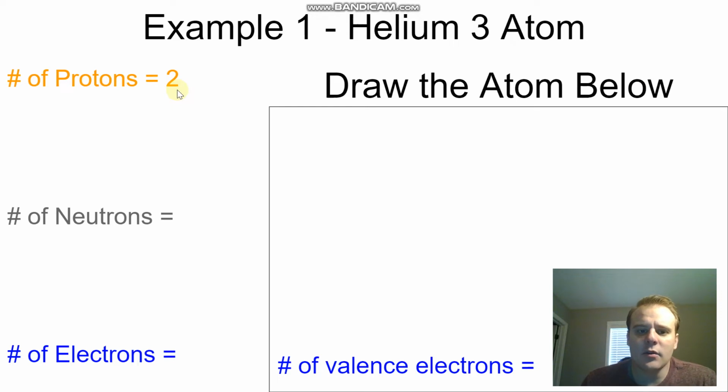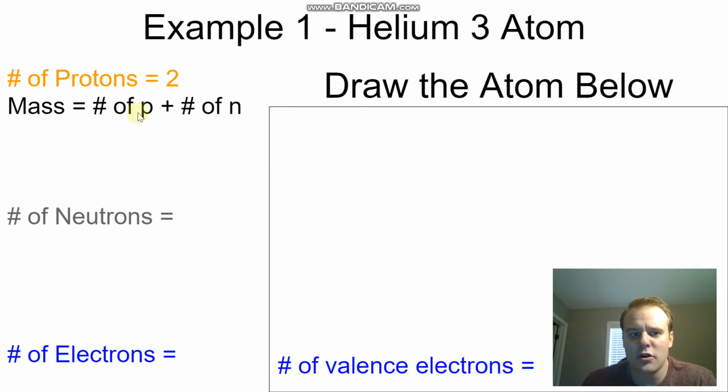The next thing we're going to do is solve for the number of neutrons. Like I said, this 3 is the mass. Recall that the mass is just your number of protons plus your number of neutrons. So we know the mass, that's 3. We know the number of protons, that's 2. So then we just have to do a little bit of algebra to solve for the number of neutrons.